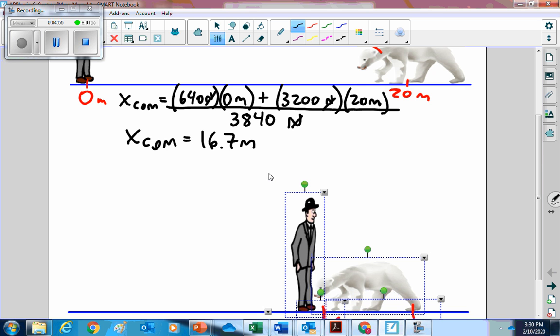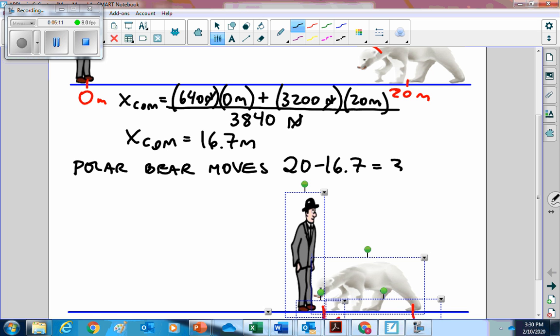So the polar bear is going to move 3.3 meters.